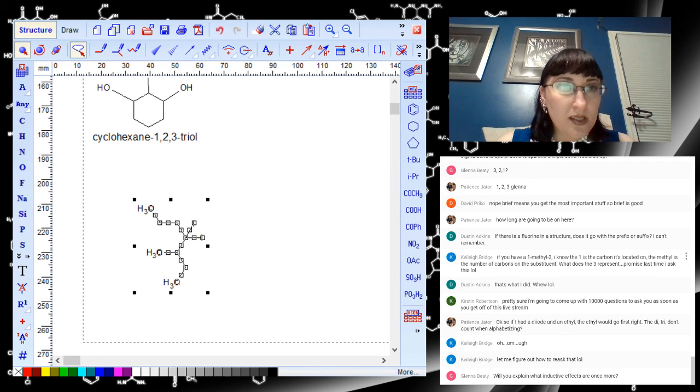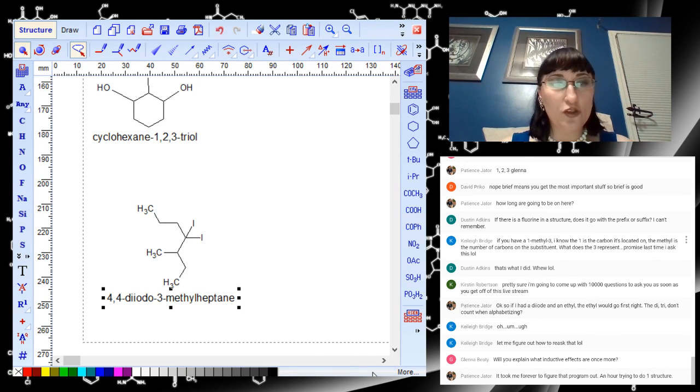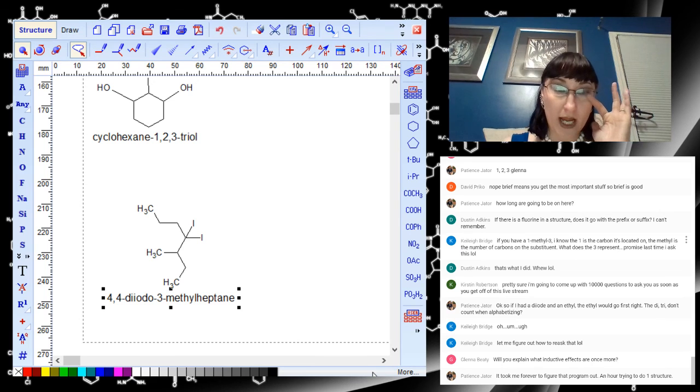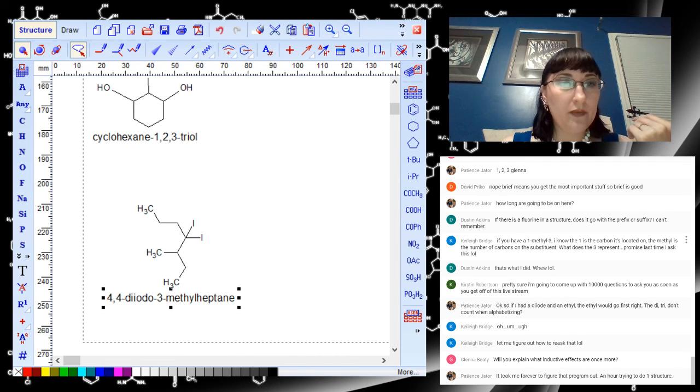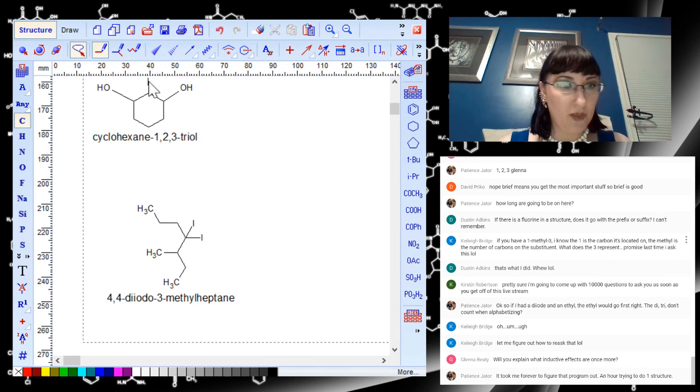But above the structure and draw thing at the top, there's one that says tools, and underneath that it says generate, and then you pick name for structure. So this would be 4,4-diiodo-3-methylheptane. Okay, so, you know what? That's because I was trying to do an E for patience. Let me change that. Okay.